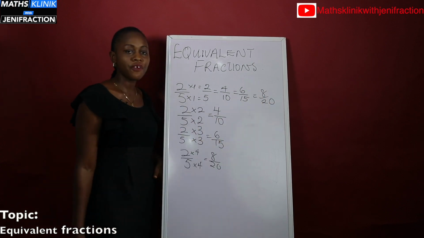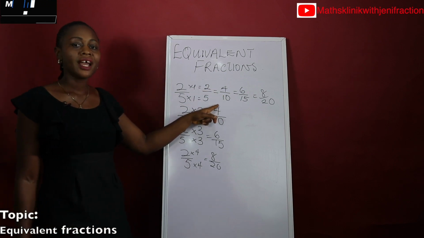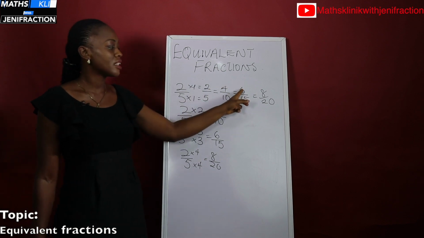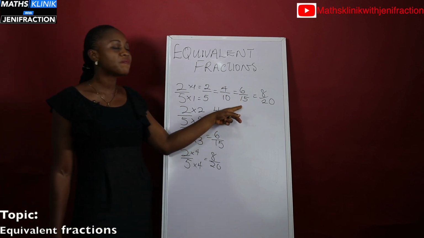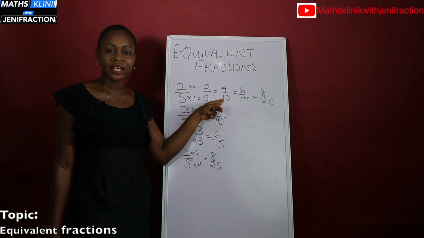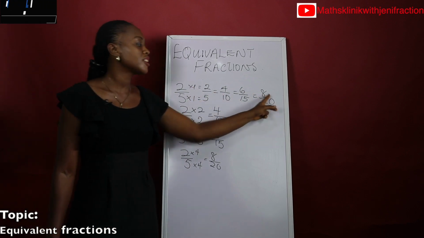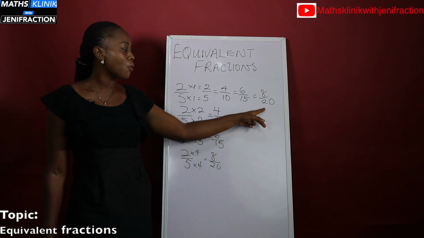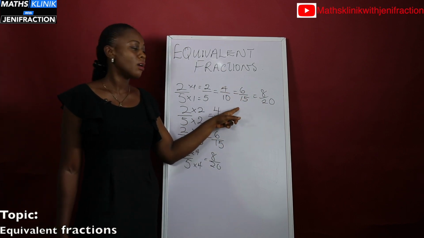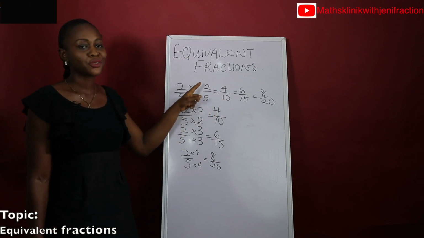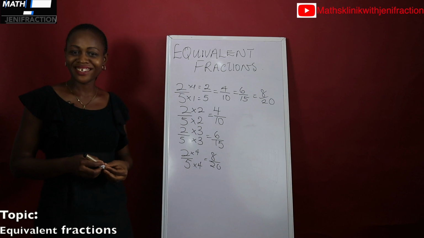Therefore, 4 over 10 has the same value as 2 over 5. 6 over 15 has the same value as 4 over 10 and also the same value as 2 over 5. 8 over 20 is equal to 6 over 15, also equal to 4 over 10, and also equal to 2 over 5. Did we get that?